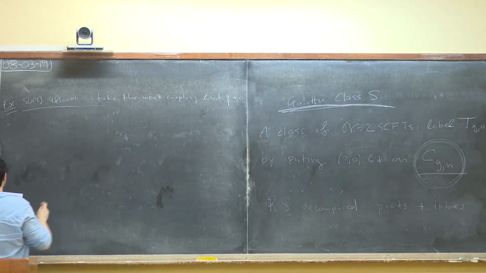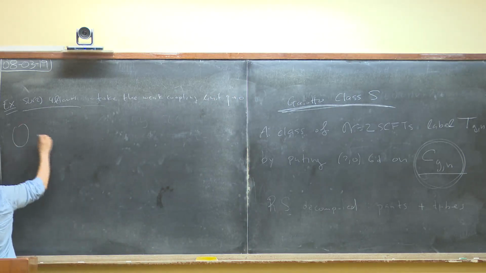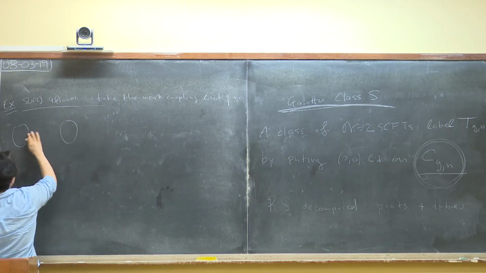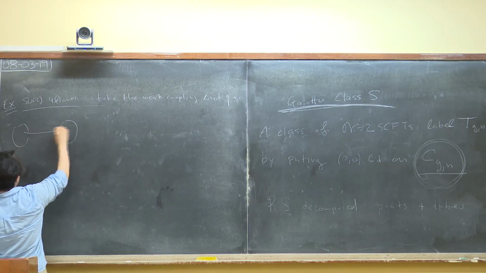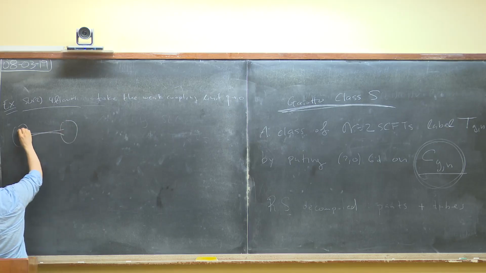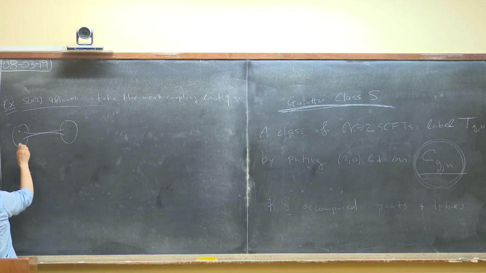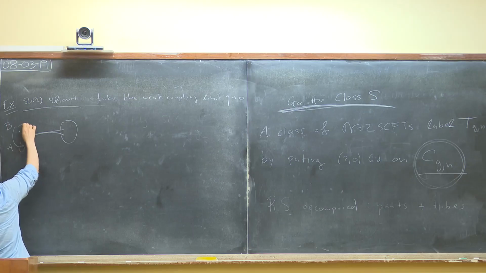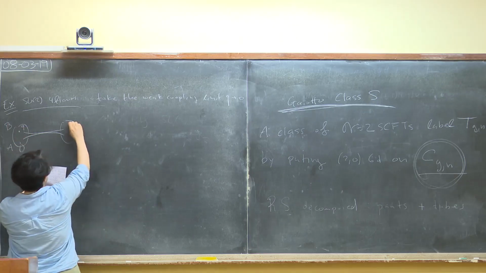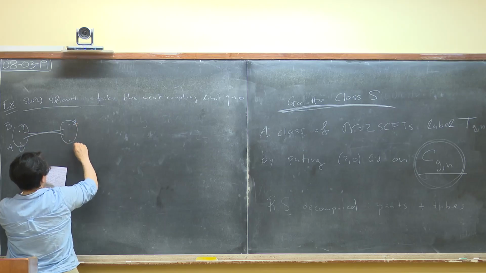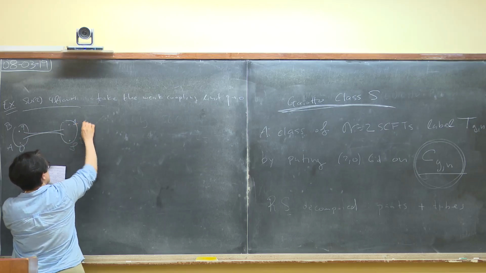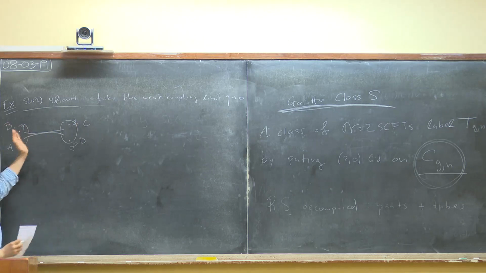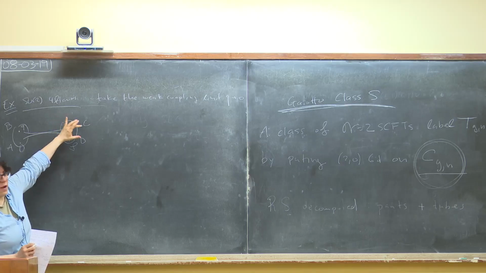So what happens? This was the one puncture that is at 0. Let's also call names: A, B is the puncture that was at Q, to make it more visible. This is of course just a drawing, but this comes together, and these points are far away from this now.